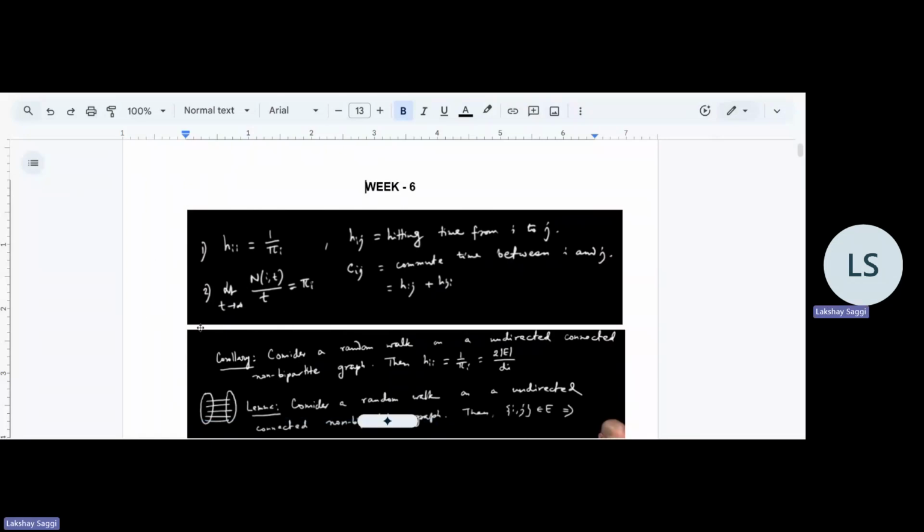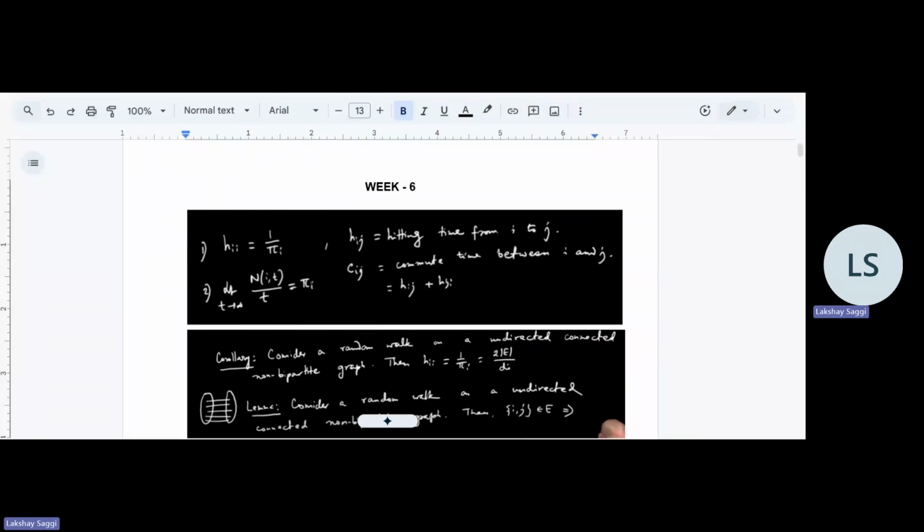Also, the limit as t tends to infinity of N(i,t) divided by t is equal to pi I. And what is N(i,t)? It's essentially, till time t, how many times has the Markov chain hit the state I?